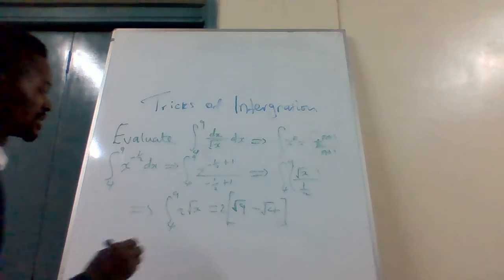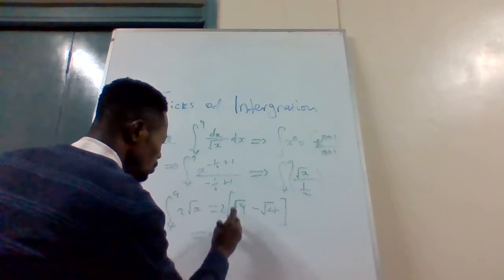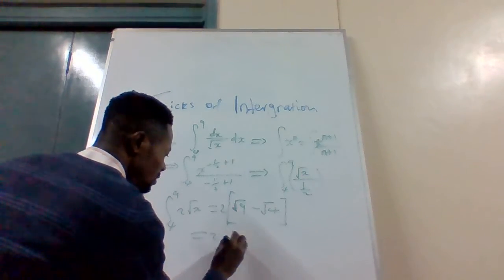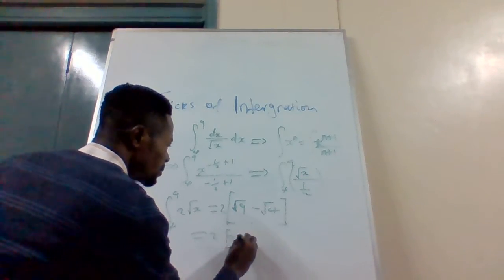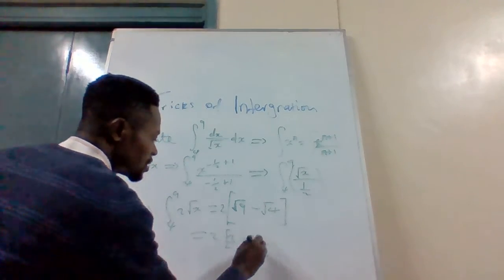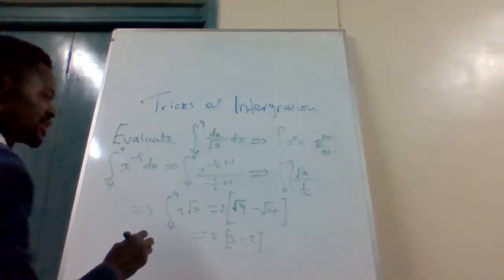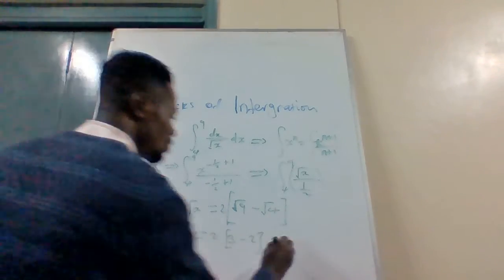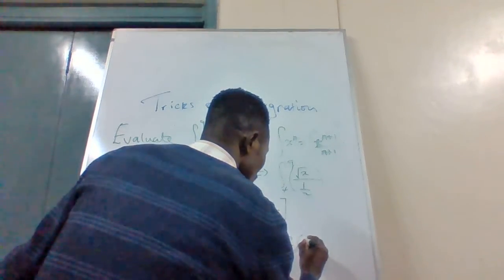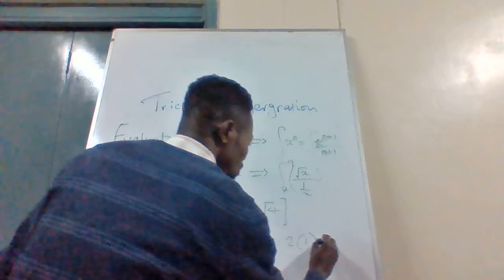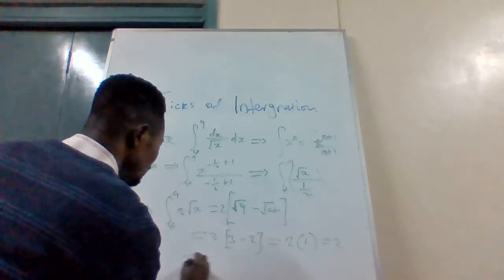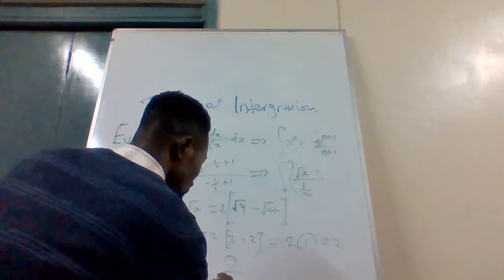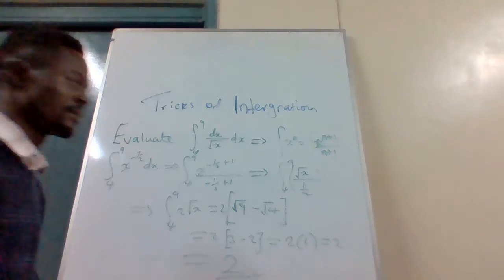That is what we call integration. Root 9 is 3, and root 4 is 2, so 3 minus 2 is 1, and 2 into 1 gives 2. So the value for this integration is 2, and that is our answer.